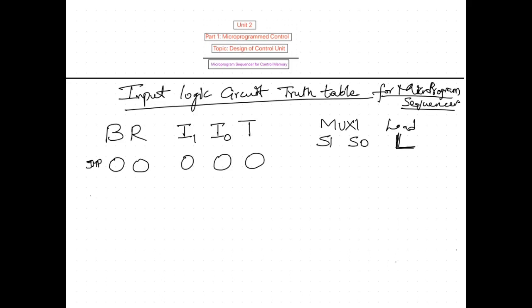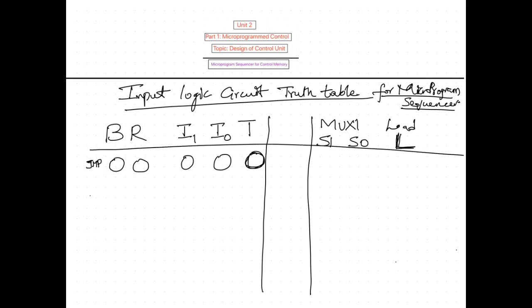So when the BR field is 00 and the condition is 0, it is increment CAR. Increment CAR means line 0, which means 0 0, and automatically load will also be 0.